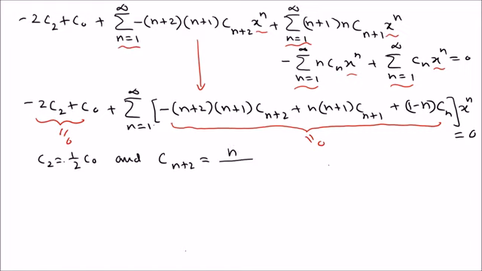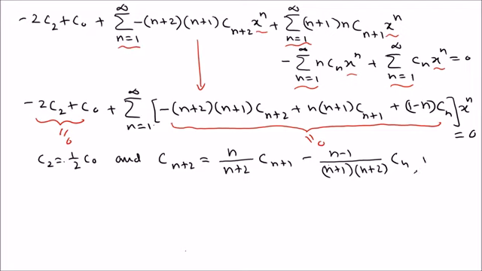So you get c_{n+2} equals n over (n plus 2) c_{n+1}, minus, and I put the minus outside, it's easy, (n minus 1)(n plus 1) over (n plus 2) cn. So that's what you get.